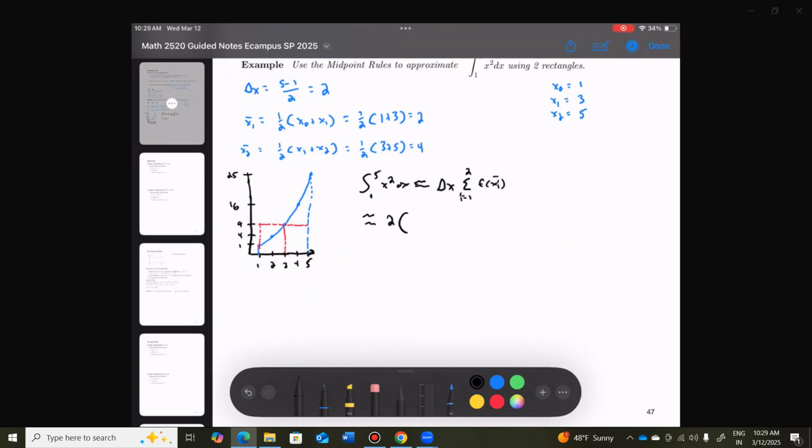So we're looking at x sub 1 bar squared plus x sub 2 bar squared. So x sub 1 bar is 2, so it'll be 2 squared plus 4 squared.